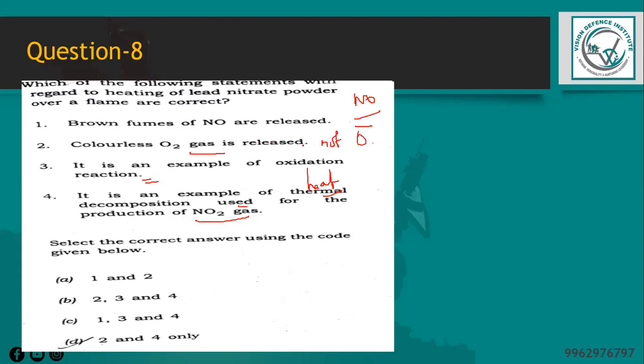And the reaction is an example of oxidation. When we talk about thermal decomposition, lead nitrate, that is Pb(NO3)2, decomposes into lead oxide, that is PbO. So here it forms nitrogen dioxide and oxygen upon heating.